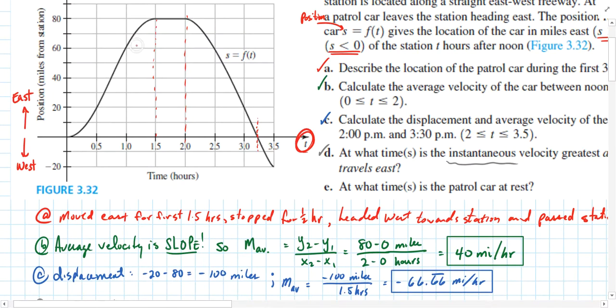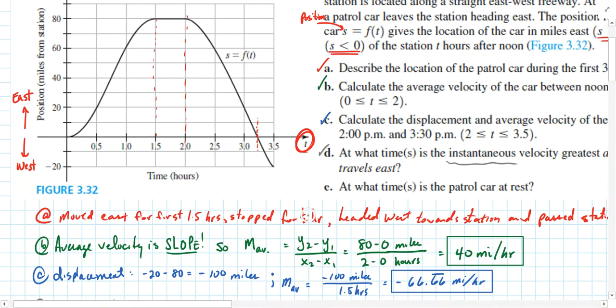Since the graph is increasing, I would say that the car moved east for the first hour and a half, then stopped for half an hour, and I know that it stopped because its position did not increase or decrease on the s-axis. So it was not moving further east or further west at this point, and we assume that he stayed on the highway, or she stayed on the highway.